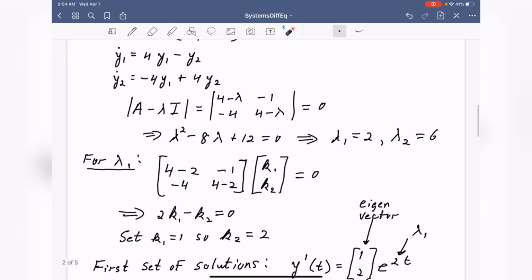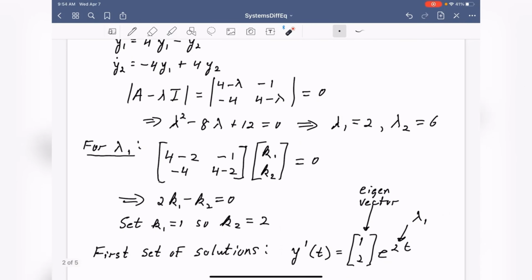Now we want to find the eigenvectors, and we do that in the standard way by looking first at the eigenvector for lambda 1, where we subtract 2 from the original diagonal. So 4 minus 2 is 2, minus 1, minus 4, and again 2 here. So we get one equation, since both of these end up with the same result: 2k1 minus k2 equals 0.